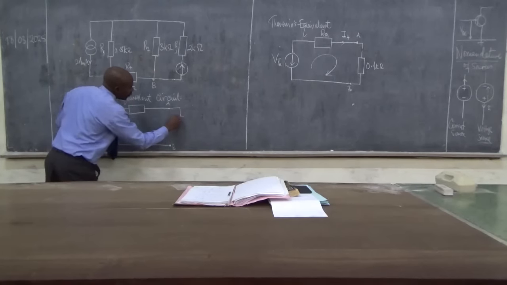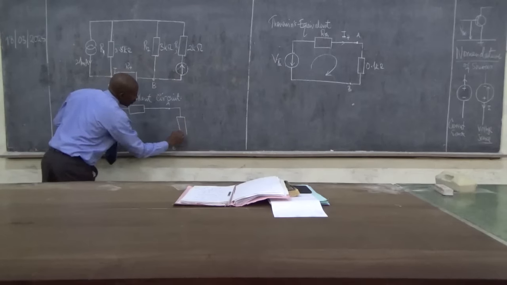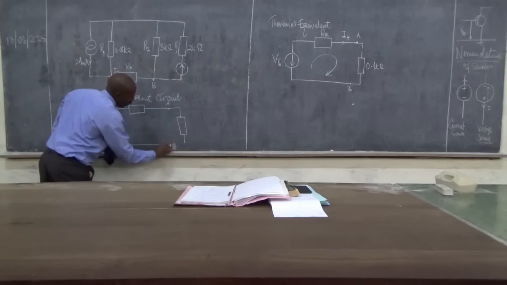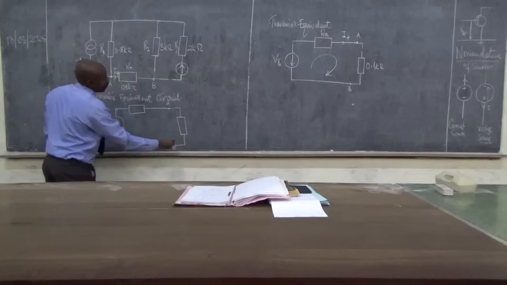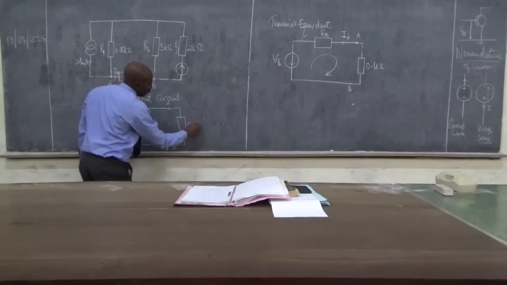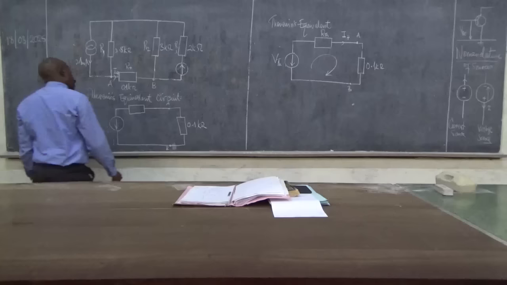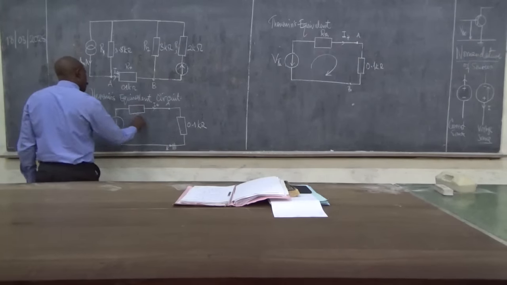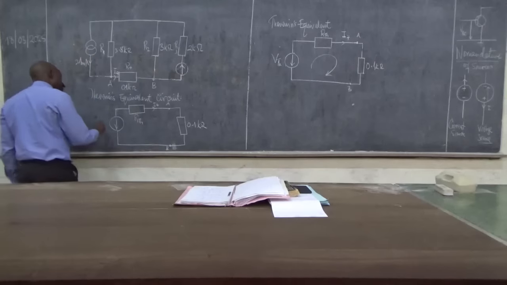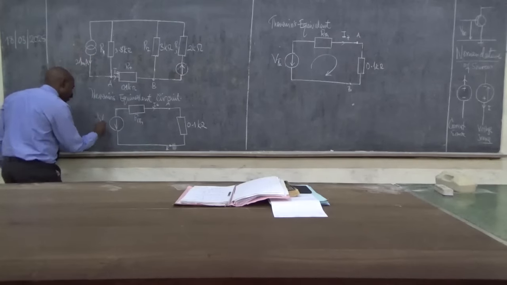We are going to keep this resistance in the basket somewhere until when we shall need it. Here, that's 0.1 kilo ohms. This is A, and our current will be I4, and this one will be RTH, this will be VTH.